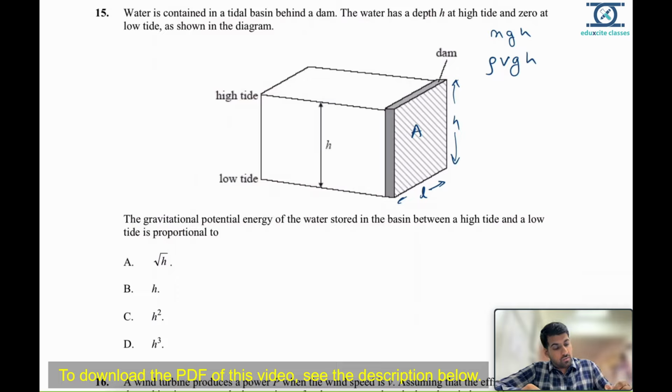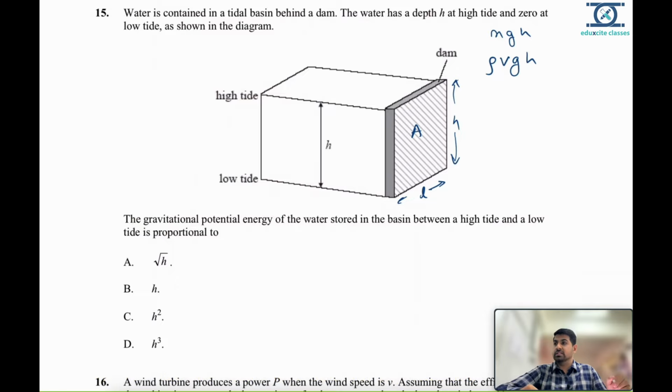Now volume can be written as length into breadth into height, because this is a cuboid shape. So this is the breadth and this is the length, let us say.